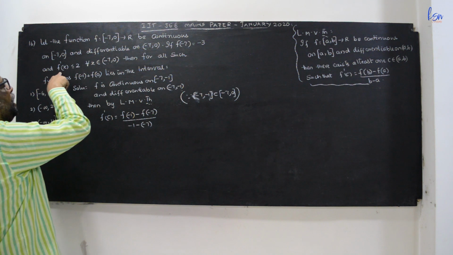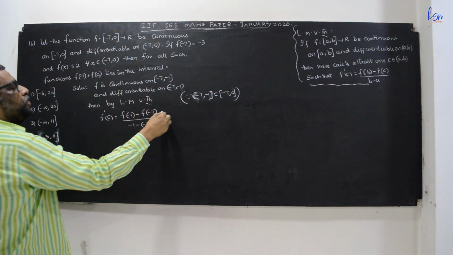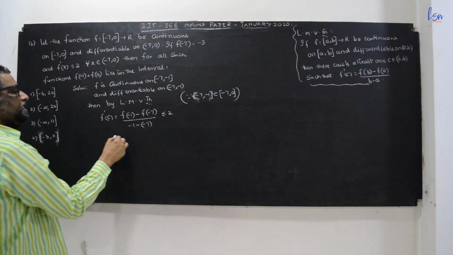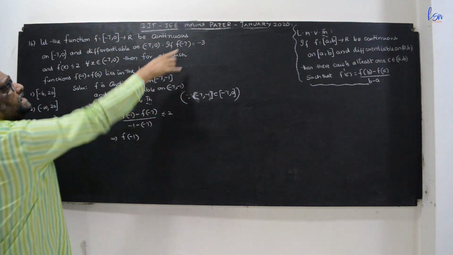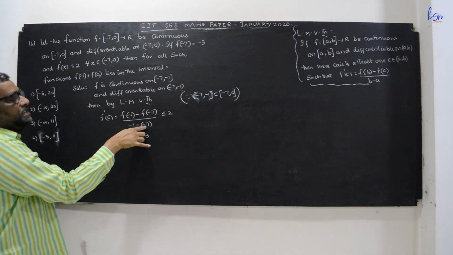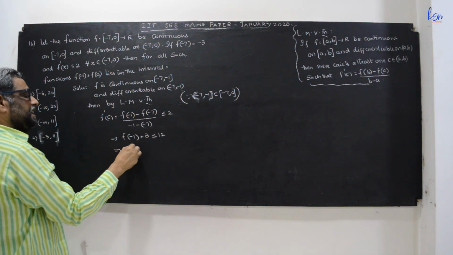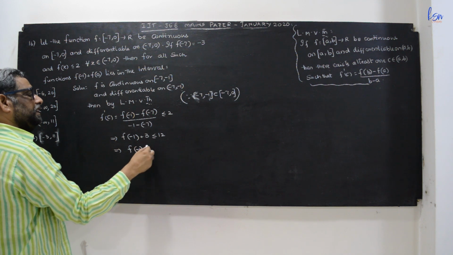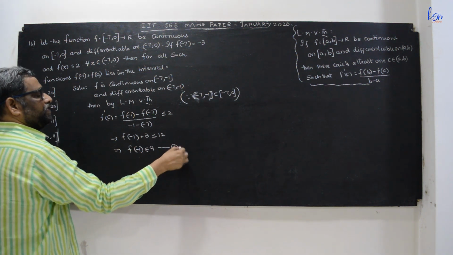Here for all x belonging to open minus 7 comma 0, it is less than or equal to the bound. So this can be taken as less than or equal to f of minus 1, f of minus 7 is minus 3, so this is plus 3, and minus 1 plus 7 is 6. This is less than or equal to 12, which implies f of minus 1 is less than or equal to 9. You can call this the first equation.